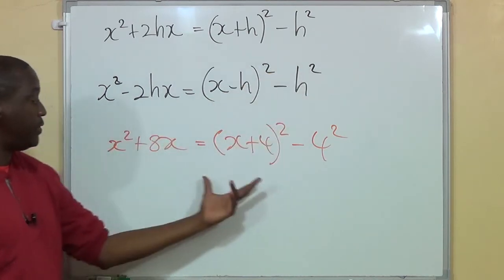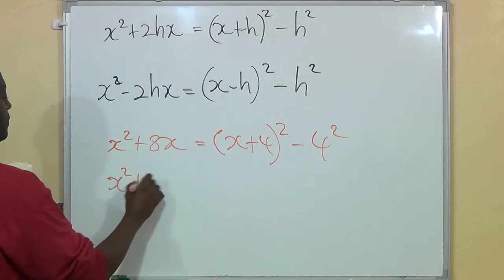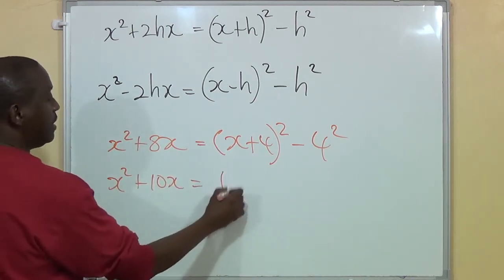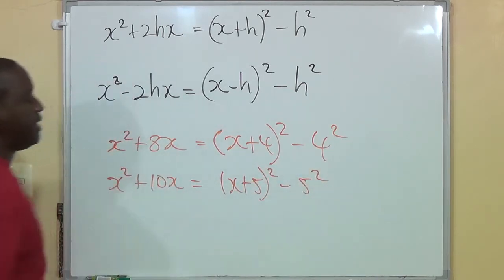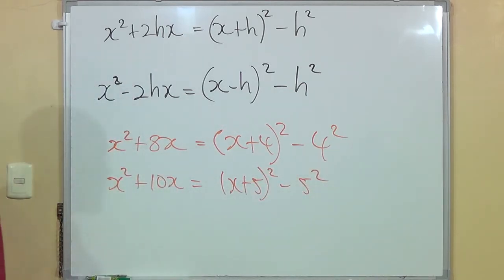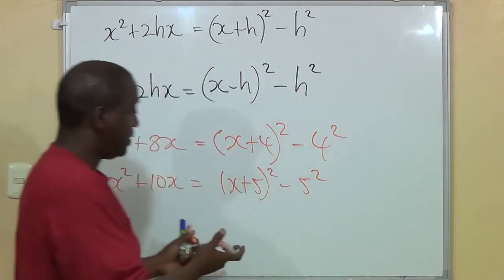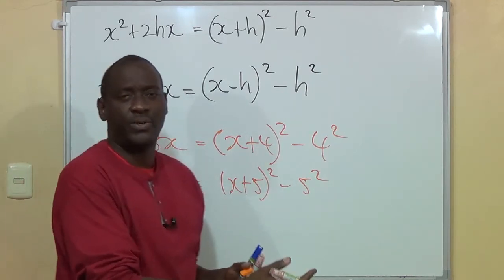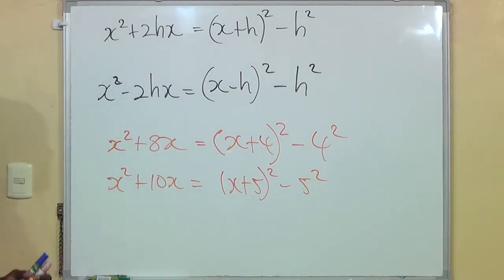Alright? So if I say x squared plus 10x, I can write that over immediately as (x plus 5) squared minus 5 squared. And we just went through our whole procedure to get to this point. So at this point, we're no longer guessing, we're no longer just cramming. We're here because we understand a particular procedure.